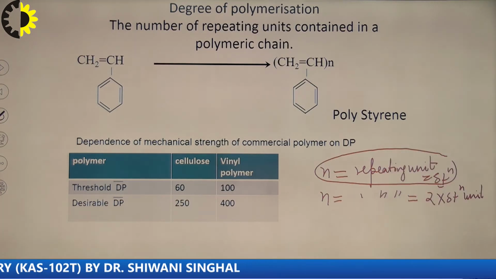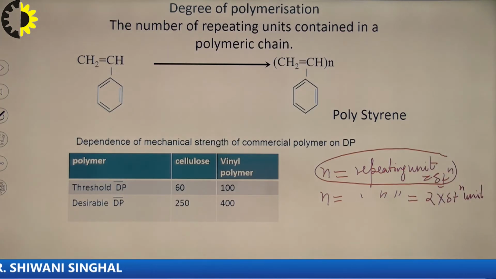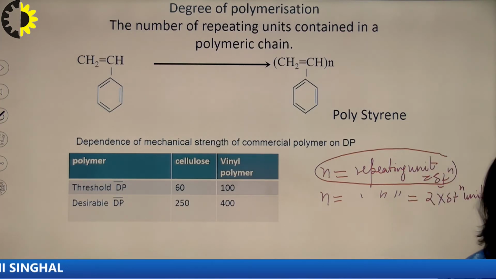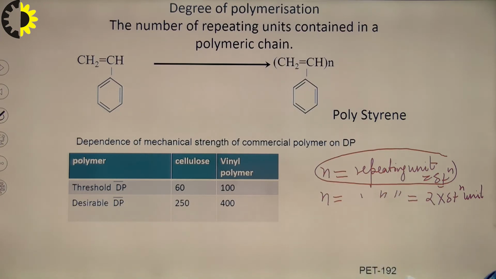But if we see an oligopolymer, or a polymer formed by two different monomers, in that case N will be the repeating unit, which is equal to 2 into structural unit.